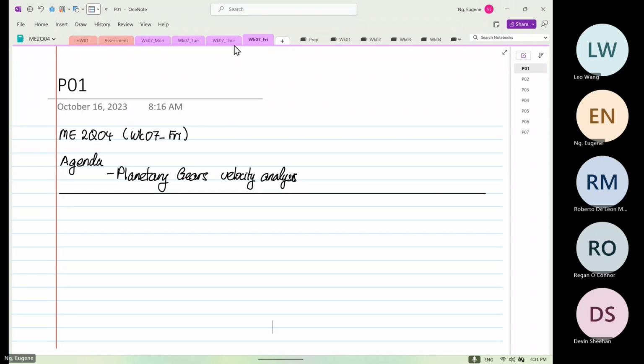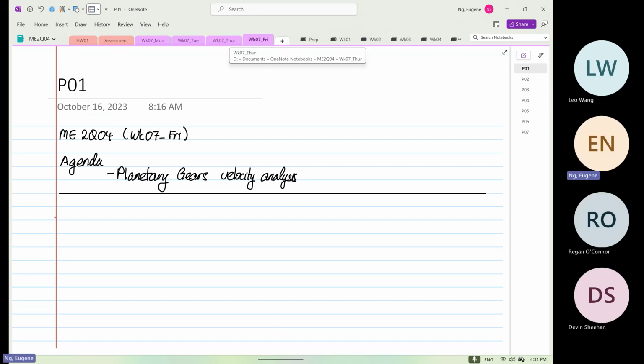Right, so let's look at planetary gears. Again, the formula we're going to apply is based on rigid body general motion. General motion means there's linear and there's rotational.